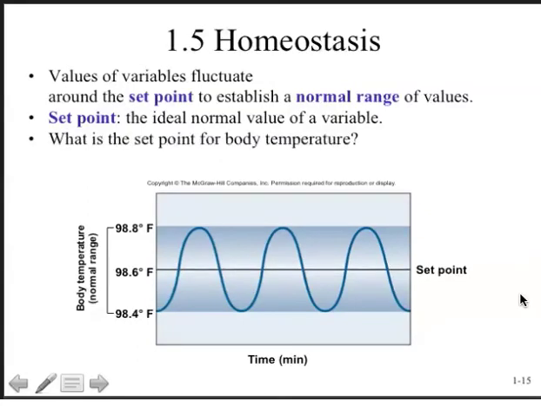Here you can see an example of body temperature, where the set point is around 98.6 degrees Fahrenheit, which is 37 degrees centigrade. And you can see that if we look at body temperature over time, it'll rise and fall around the set point, but it won't get too far outside the ceiling, which is up here at 98.8, or below the floor, which is around here at 98.4.